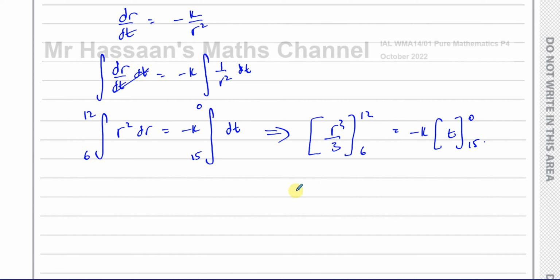Substituting those values, I'll have 12 cubed minus 6 cubed over 3 equals minus k times 0 minus 15.